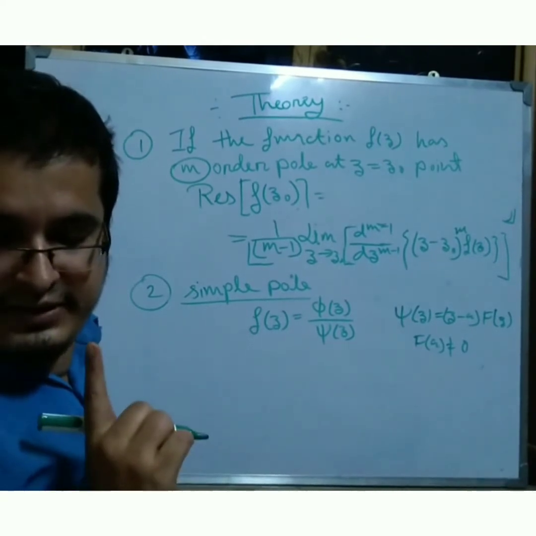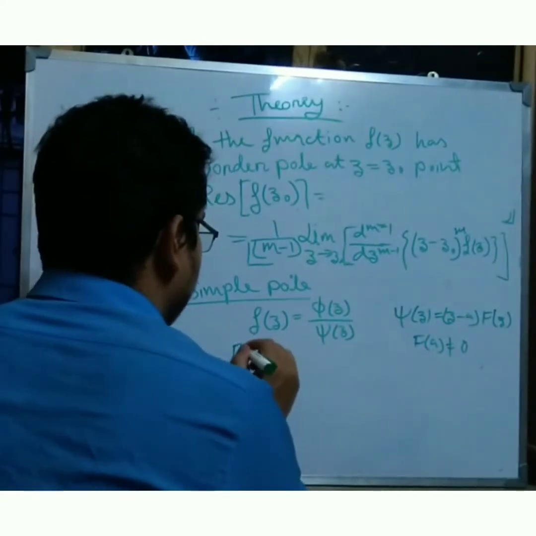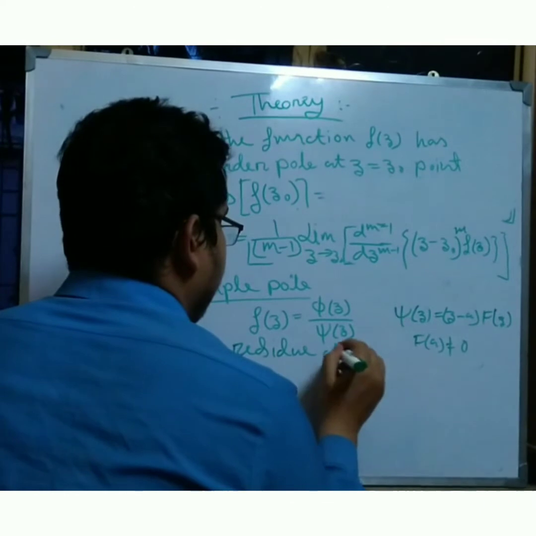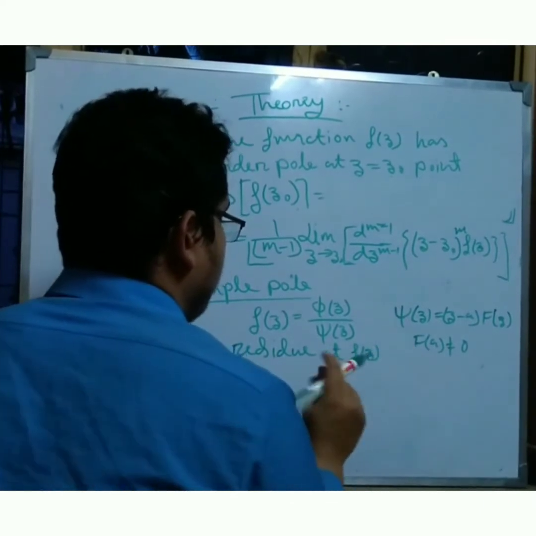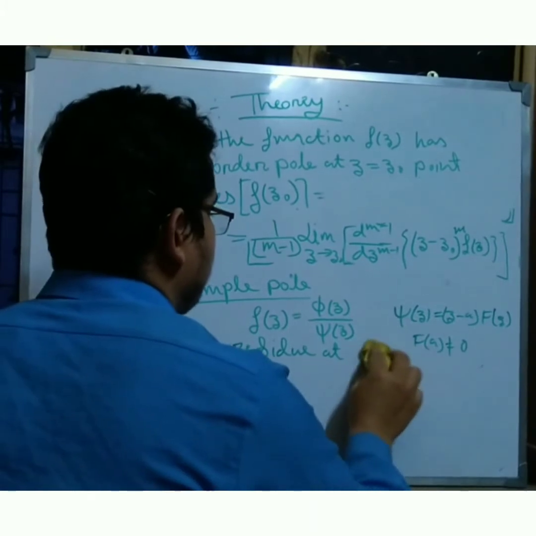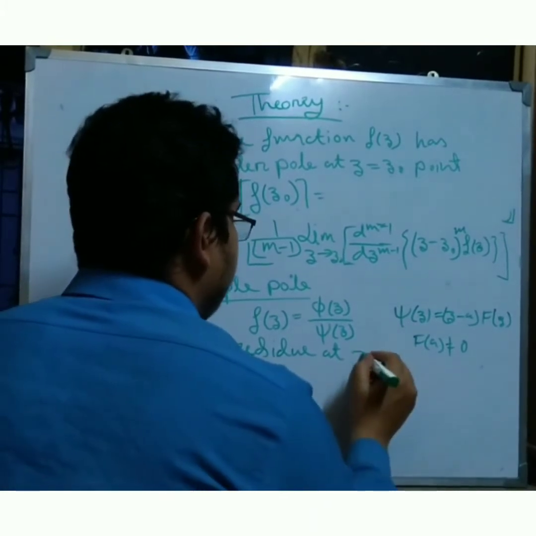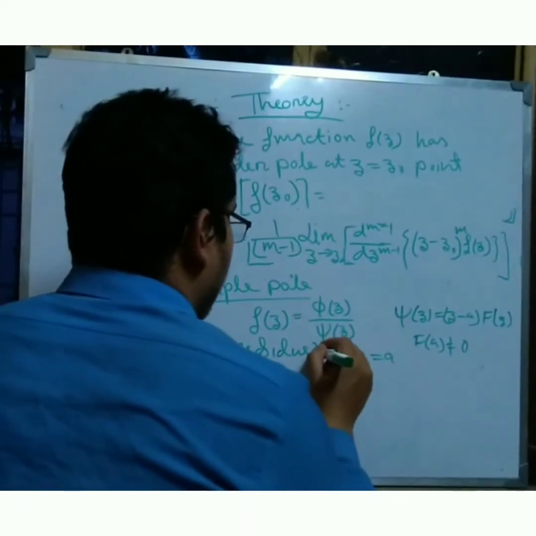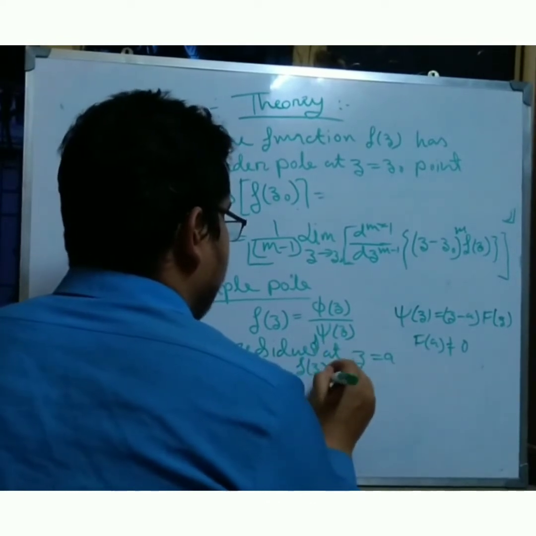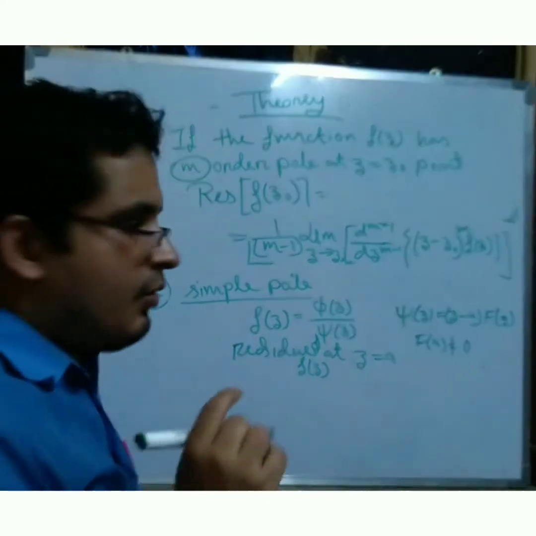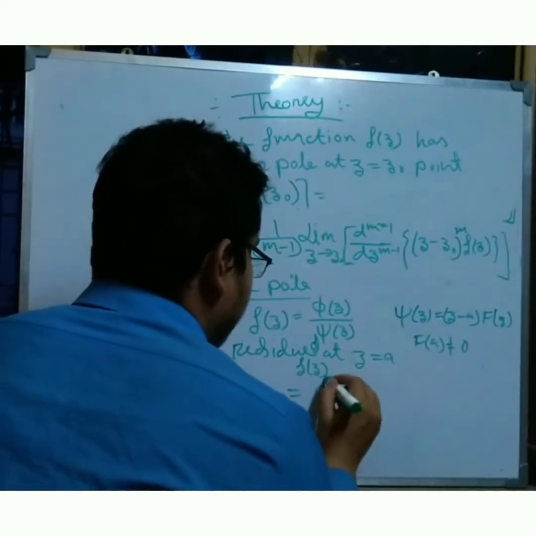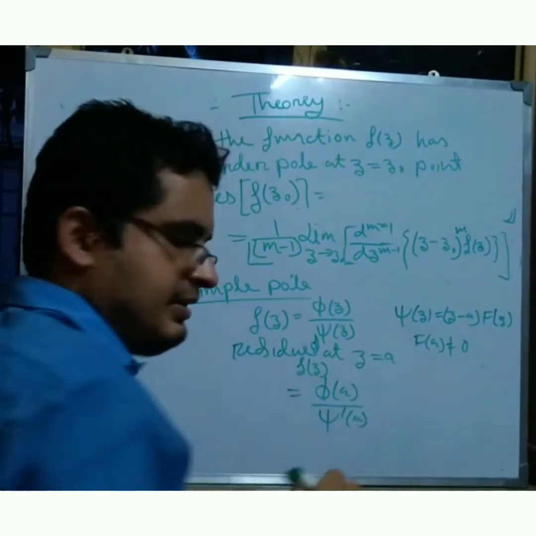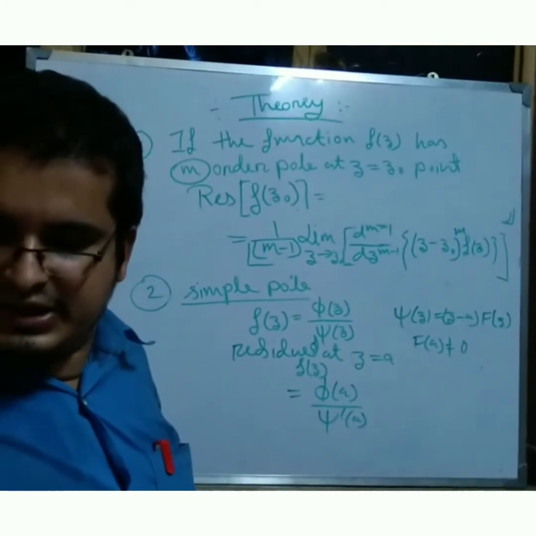The residue of f(z) at z equals a, whatever you will get, friends, is phi(a) divided by psi dash (a).